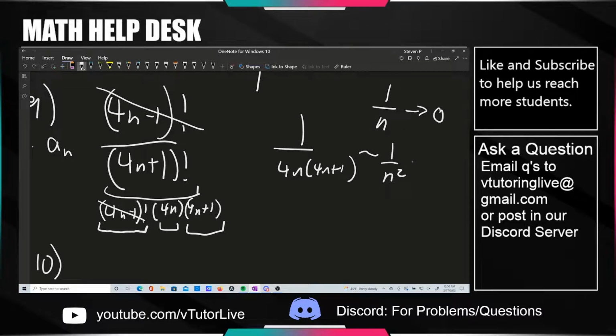So you can easily conclude the behavior of this 1 over n squared thing. And again, the fact that it has a coefficient of 16 out in front of the n squared, and it has some other terms, those shouldn't matter so much, right?